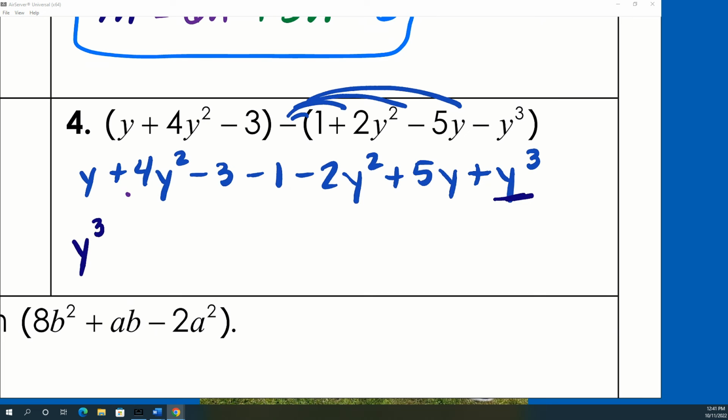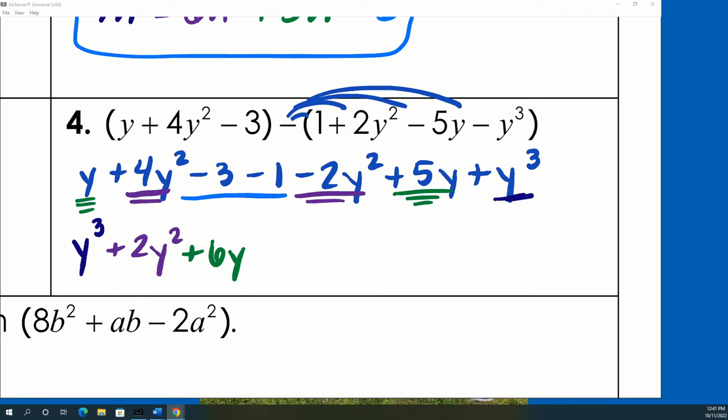And then we'll just go down number-wise. 4y squared minus 2 is going to give us 2y squareds. y plus 5y is going to give me 6 y's. Right, and then the 3 and the 1 are together, so that's nice. So negative 3 minus 1 is just negative 4.